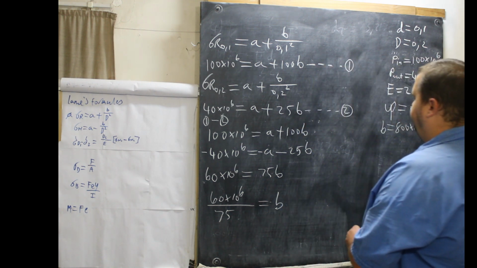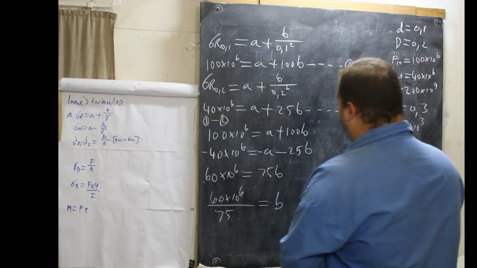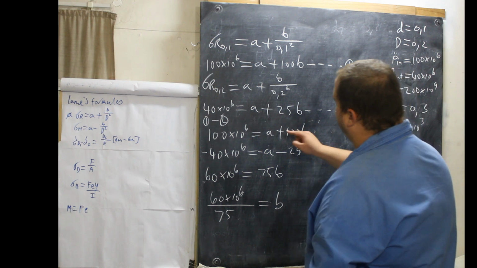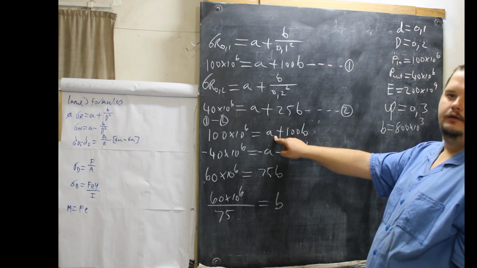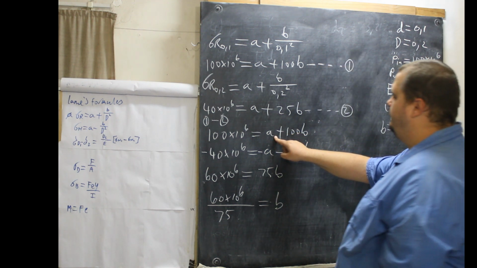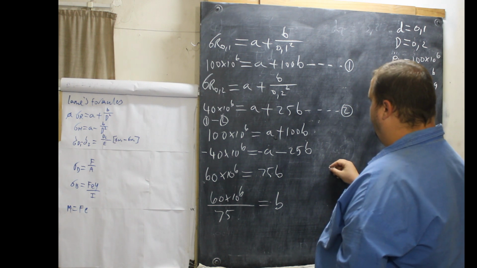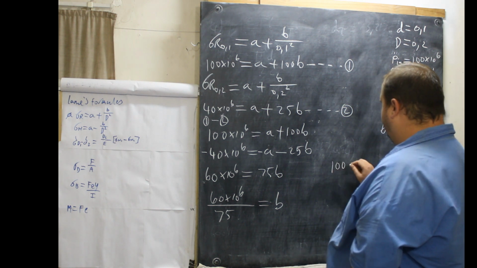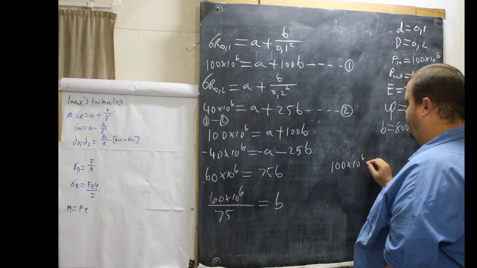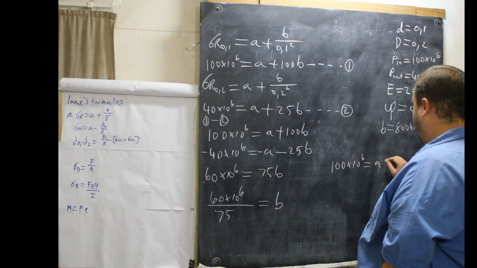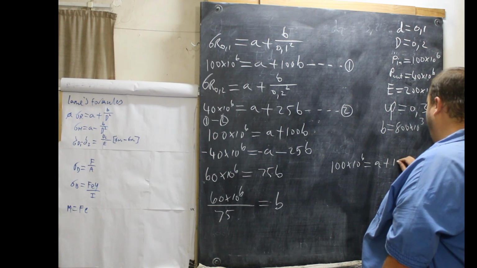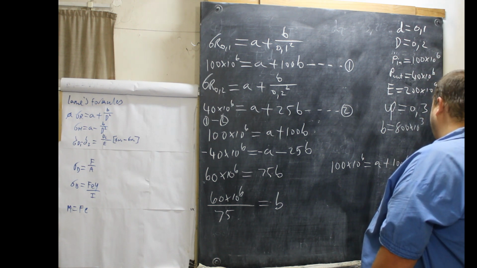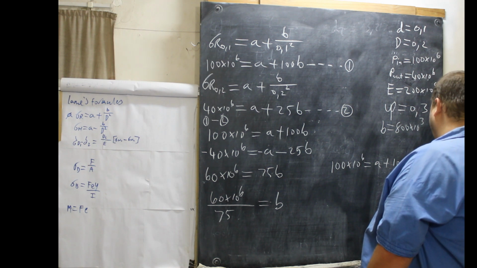Okay, so what we need to do is get A. I would use equation 1 in this section for now. So, to get A, 100 times 10 to the 6 equals A plus 100 times 800 times 10 to the 3.